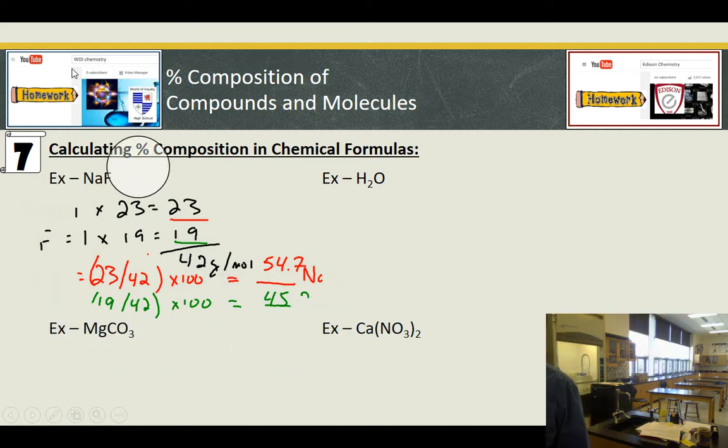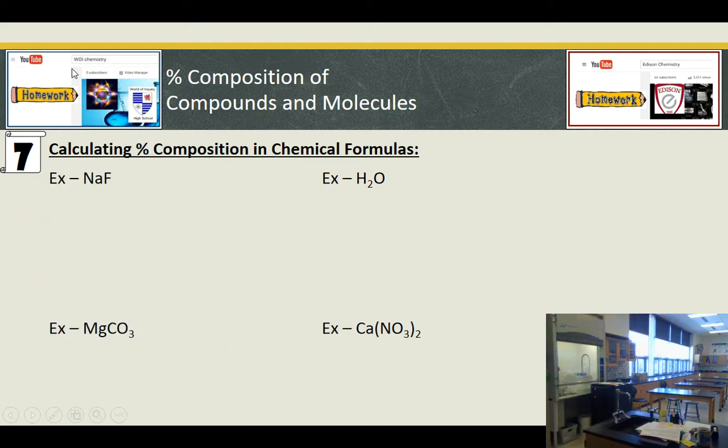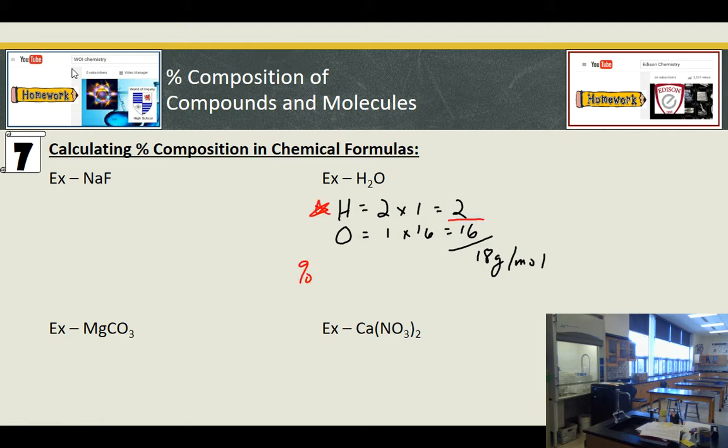All right, let's do the next one. It's all going to follow the exact same process, and we'll start to go fast. So H is 2 times 1, which is 2. O is 1 times 16, which is 16, 18 grams per mole. So then my hydrogen is 2. So percent H equals 2 divided by 18 in parentheses times 100 equals my percentage.